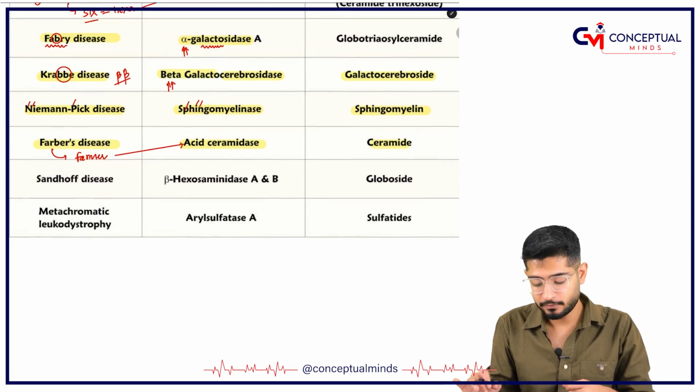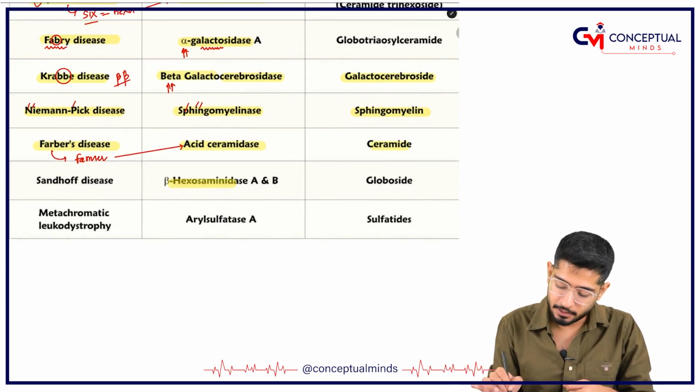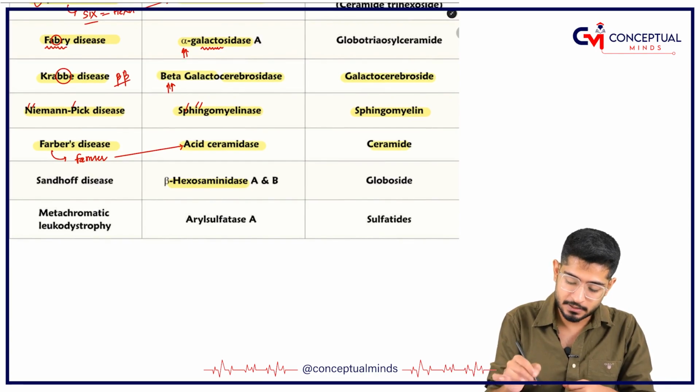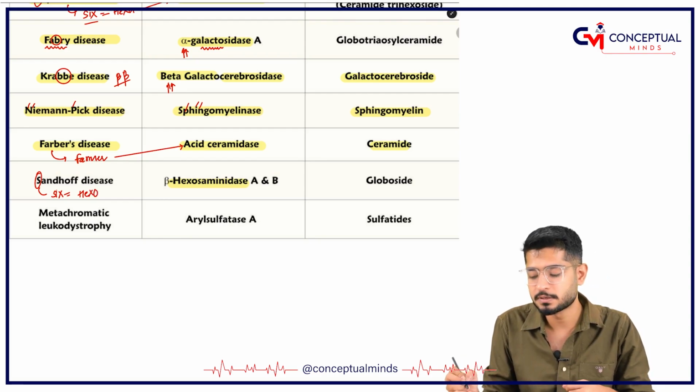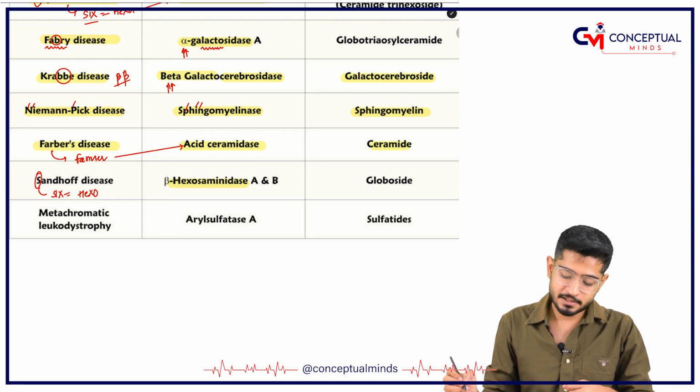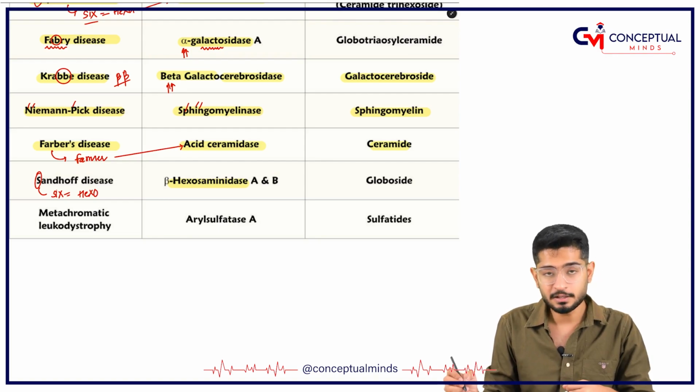Then Sandhoff disease. Sandhoff is just like hexosaminidase. I teach it like this: S for Sandhoff, S for 6, which is equal to hexo. So hexosaminidase deficiency. Next comes metachromatic leukodystrophy.